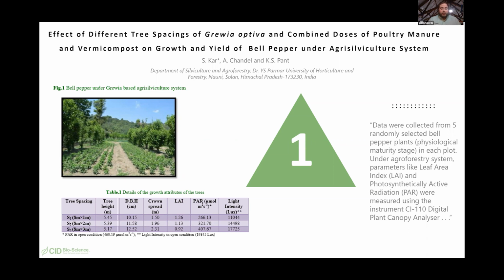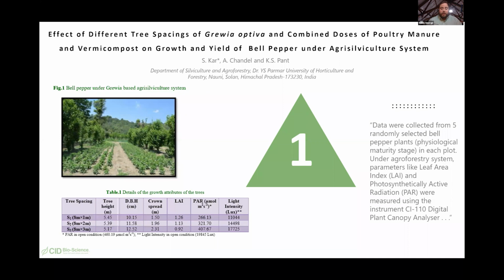So looking at the changes in LAI, if you look at the table, they're showing the different tree spacings and the associated PAR levels and LAI levels, and associating that data to the eventual yield and growth of the bell pepper to determine which of these tree spacings is the optimal tree spacing to have in order to get the highest growth and yield of bell peppers.